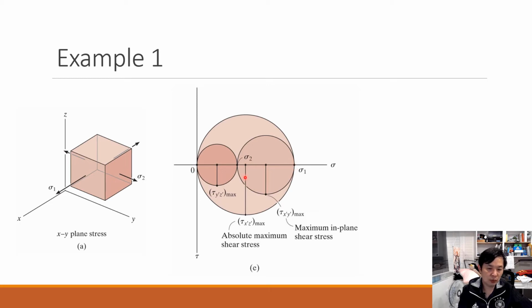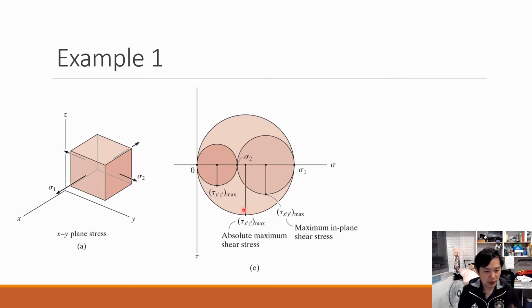Every two principal stresses can make one circle. So sigma 1 and sigma 2 generate one circle, the other two generate another one, and sigma 1 to 0 creates a third one. So you create three Mohr's circles based on the three principal stresses.